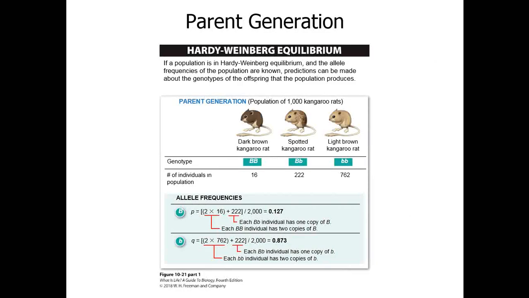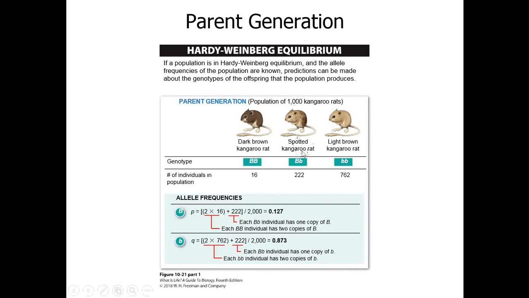In a parent generation, we're using these cute little kangaroo rats right here. Oh my God, they're so cute. So if you're looking at a population, and they've got a pretty good sample size here, we've got 1,000 kangaroo rats, and there are 3 different phenotypes. We've got a dark brown kangaroo rat. The genotype is the big B, so this is the dominant phenotype, and this would be represented by your P squared in your Hardy-Weinberg.